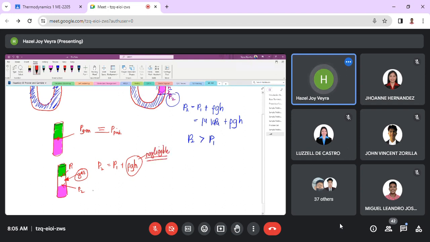Clear ba class? Meaning, your pressure 1 is almost equal or equal to pressure 2. Are we clear on this?